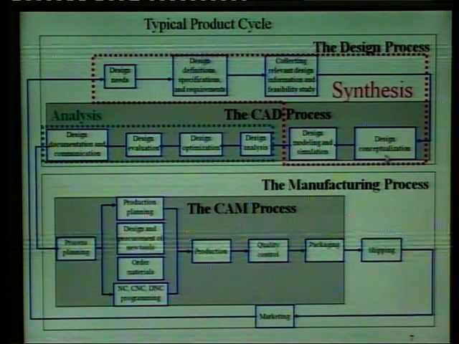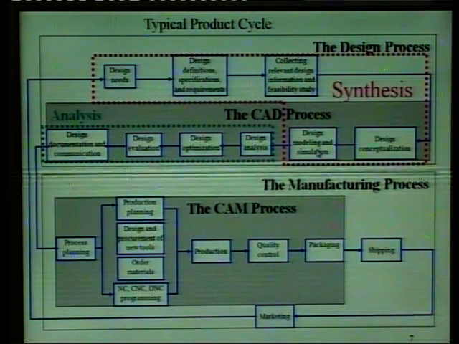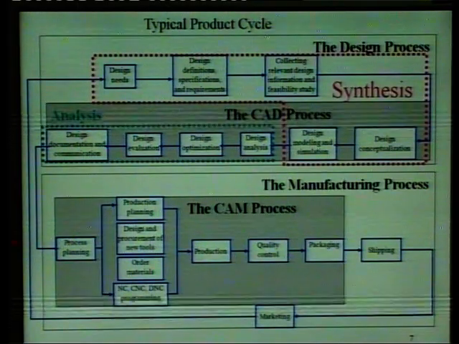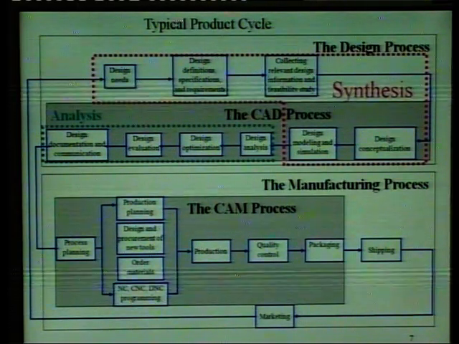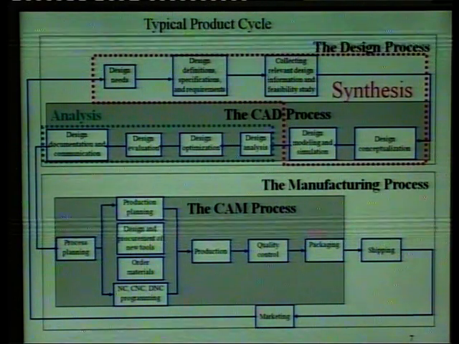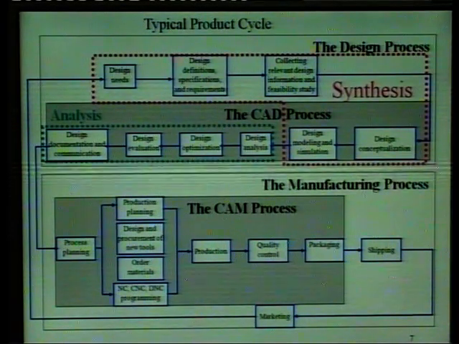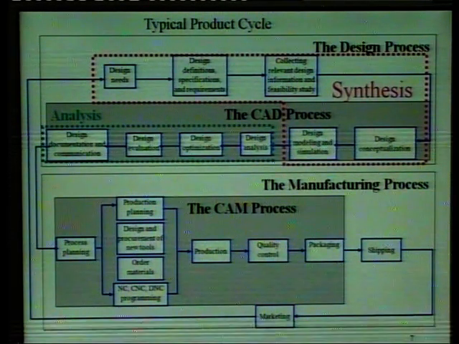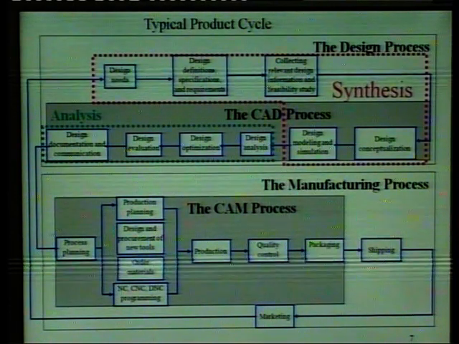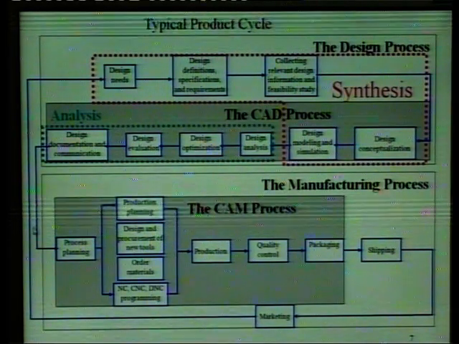Then the design is conceptualized and its modeling and simulations are conducted, and we make the initial design, and the initial design is analyzed, optimized and evaluated, and the cycle of analysis, optimization and evaluation is repeated until we get the final design, and the final accepted design is then documented and communicated to the manufacturing people.